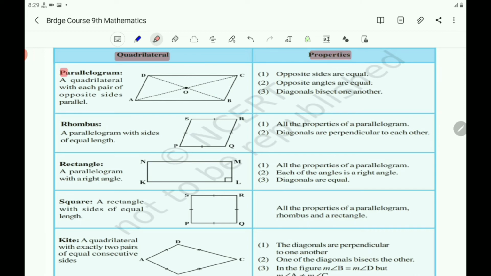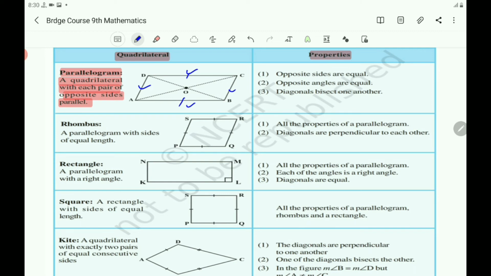First one, parallelogram. So, what is parallelogram? Parallelogram is a quadrilateral with each pair of opposite sides parallel. Here you can observe that AB and CD is one pair of opposite sides and AD and BC is the second pair of opposite sides. How they are?